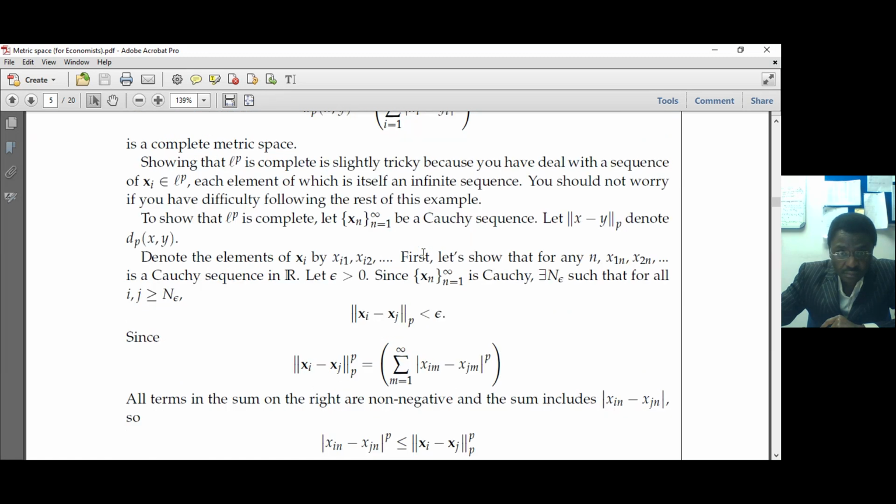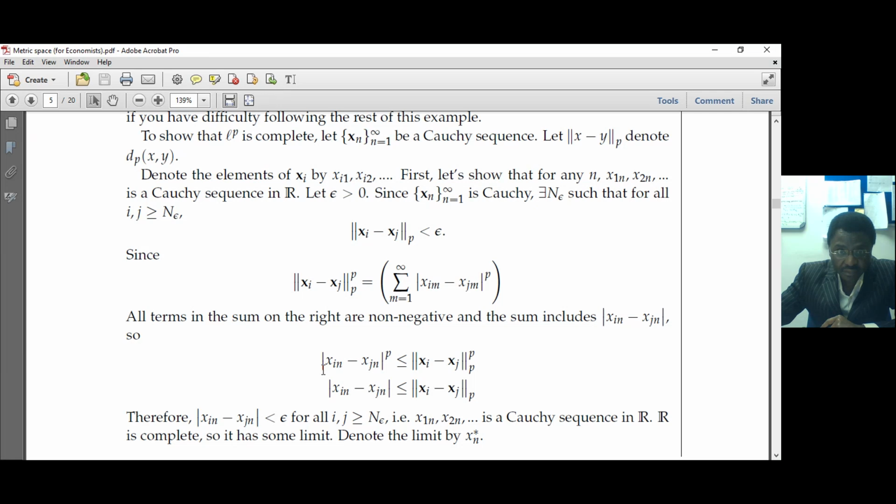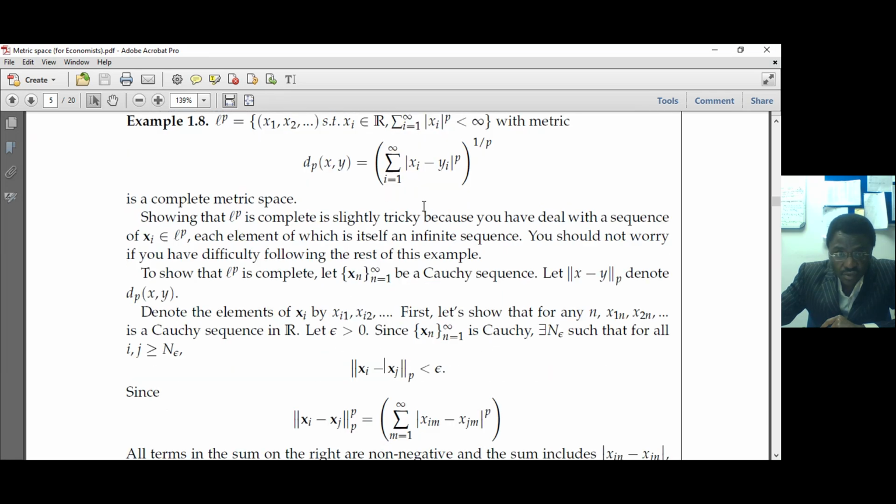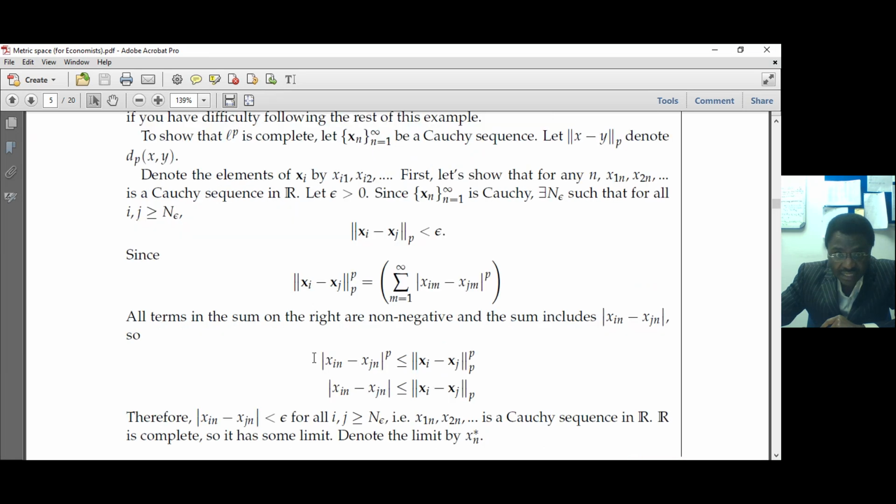And how do you do that? This is the thing. You see, this norm is greater than this one. Here we are already in Rn. Why? Because if you take the p-th root of this one, right?